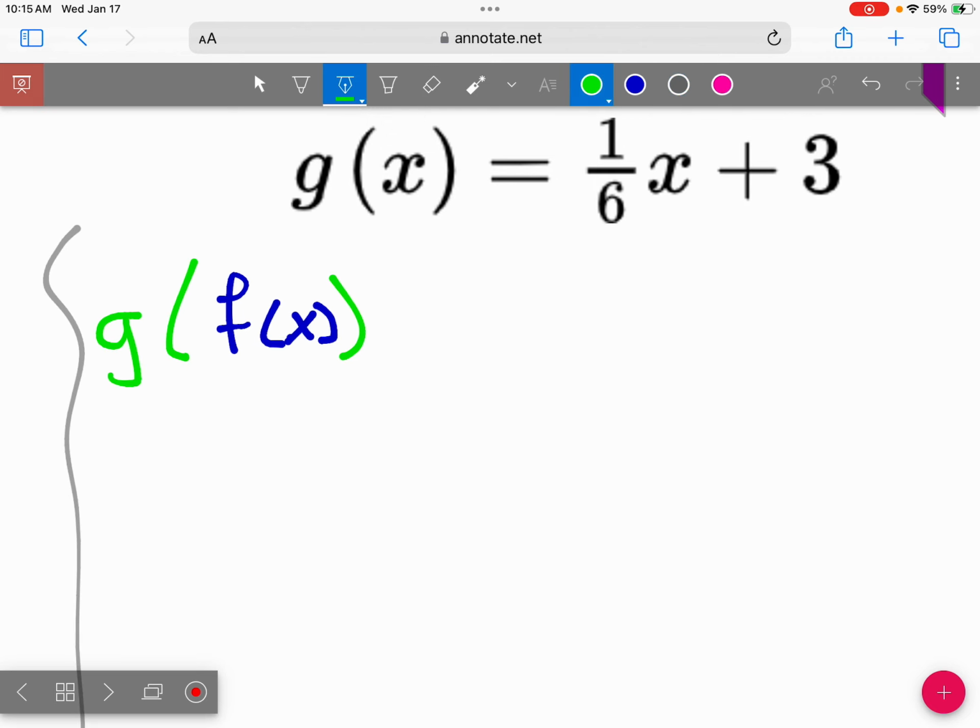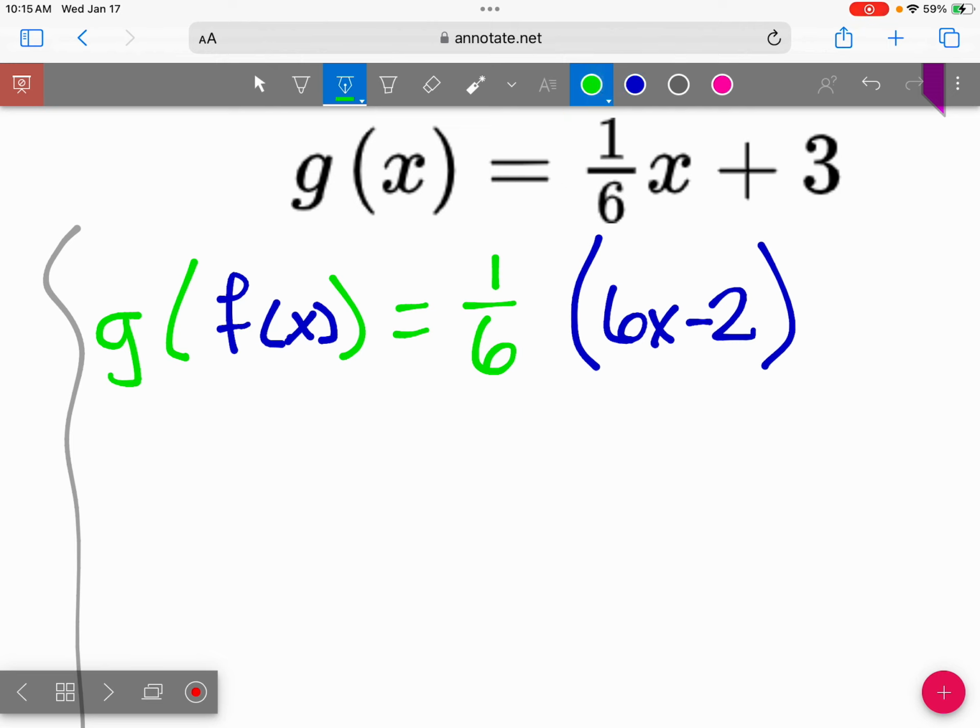Then let's do our g of f of x. Same vibe. 1/6 times 6x minus 2, plus 3.